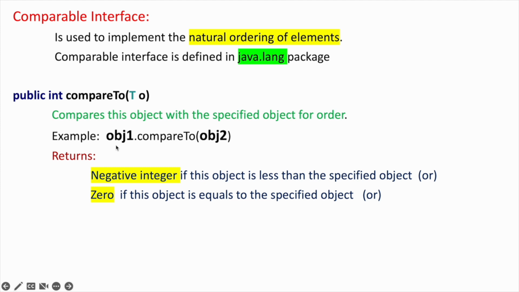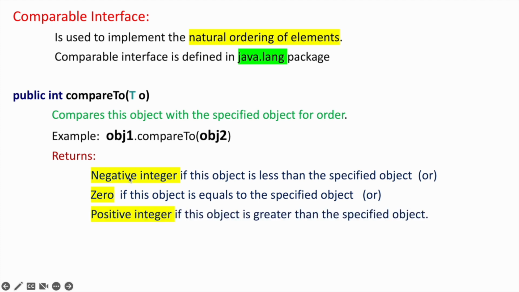That is, if object 1 and object 2 are both the same, then this method will return 0. And this method returns a positive integer if object 1 is greater than object 2. That is, if object 1 will come after object 2, then this method will return a positive integer.